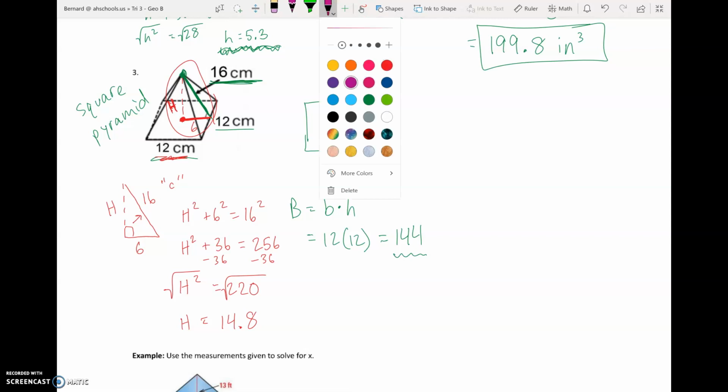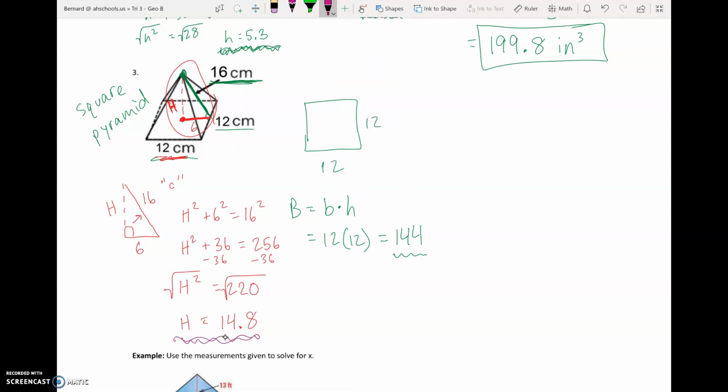We now have, after that calculation, our H, and we already had our big B over here, and that's all we need, because remember, volume is big B times H divided by 3 for a pyramid, divided by 3. So in this problem, big B is 144. We'll times it by the H we just found, which is 14.8, and then we will divide it by 3.